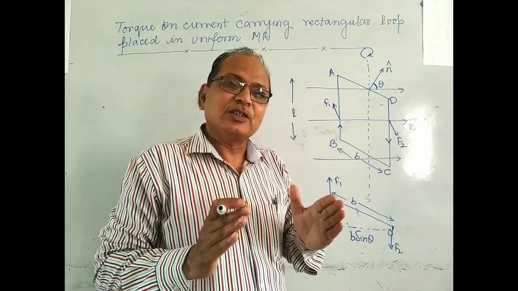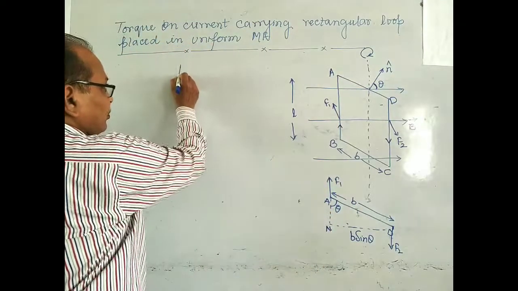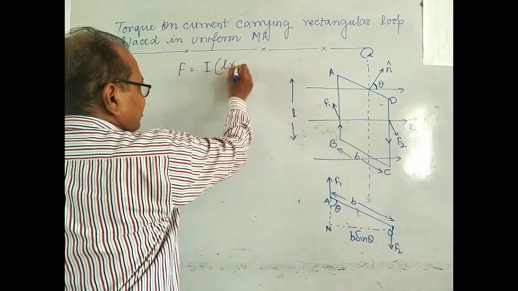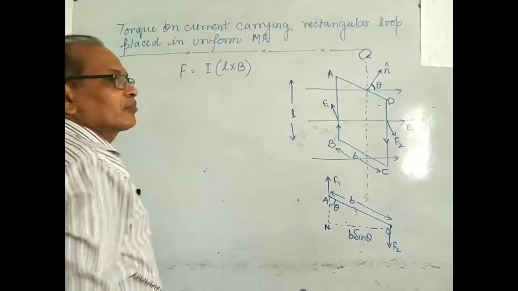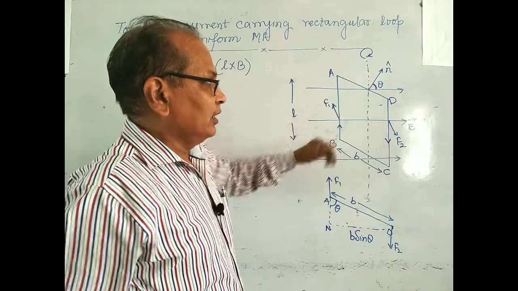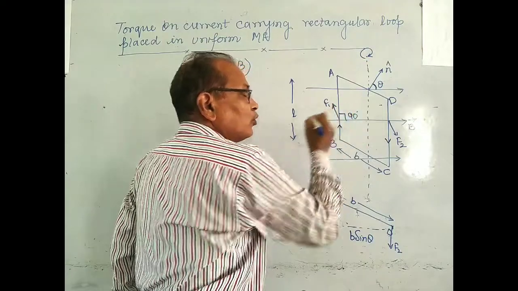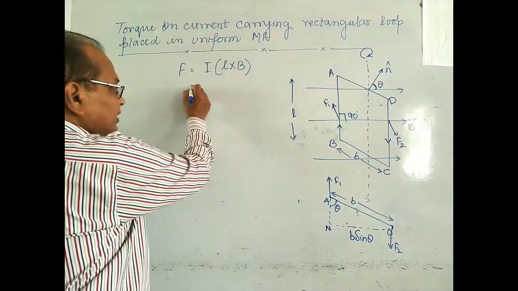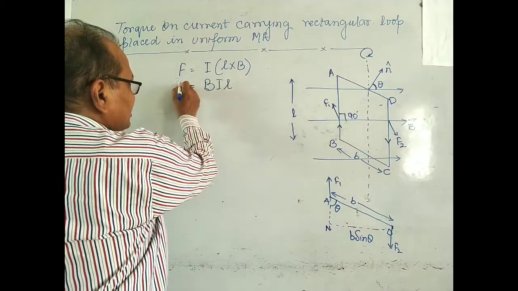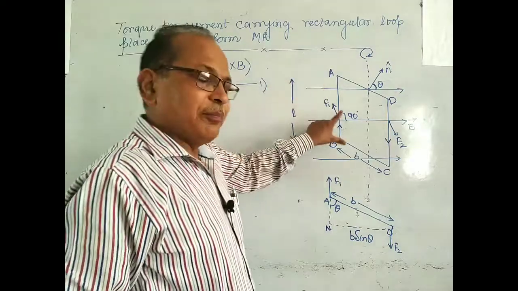The force experienced by the current carrying conductor will be F equals I L cross B. Here length L and B are making an angle of 90 degrees, therefore you can write it as BIL only. So this is the force experienced by the wire AB.